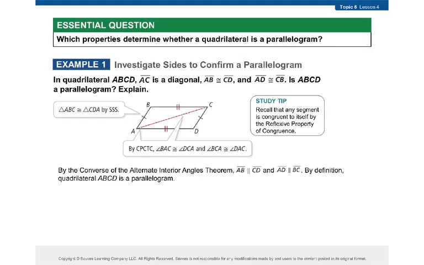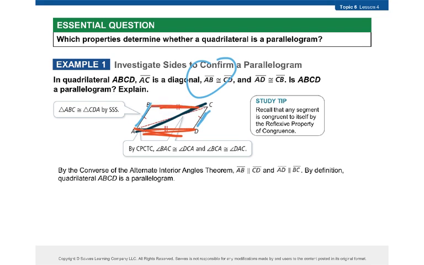And now we have a first example. Investigate sides to confirm a parallelogram. So in a quadrilateral ABCD, AC, right here, is the diagonal, and AB is congruent with CD, and also AD is congruent with CB.